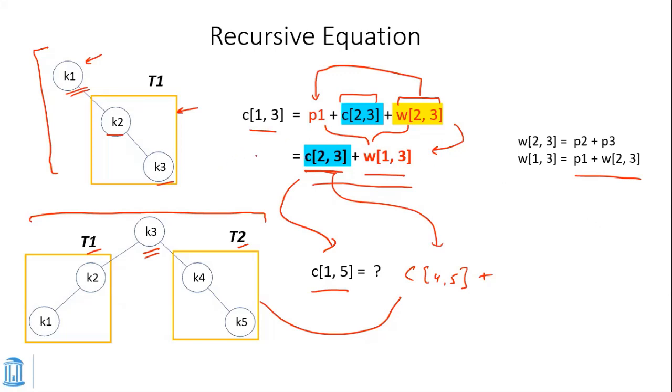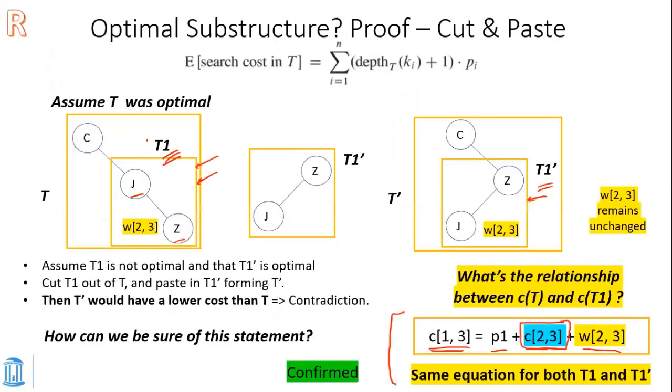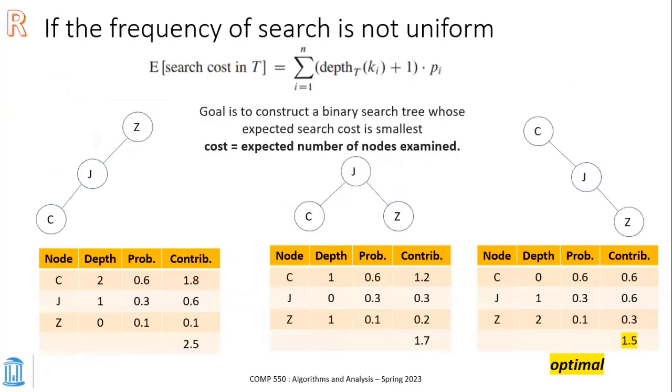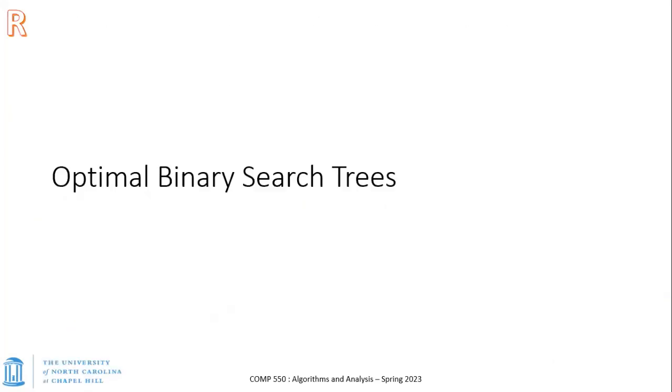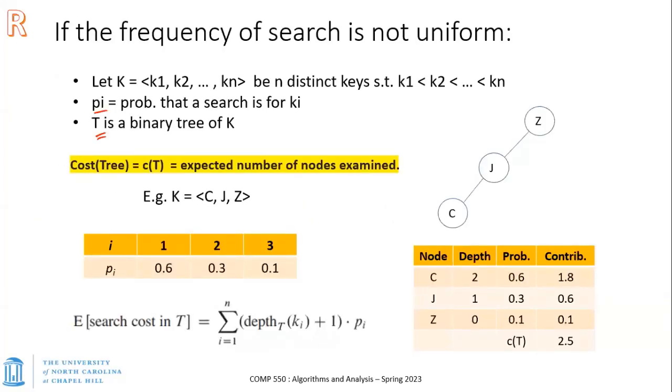Okay, so the cost is basically a recursive cost. If we had to determine the cost of this, let's go back a little bit. Let's take a look at this.